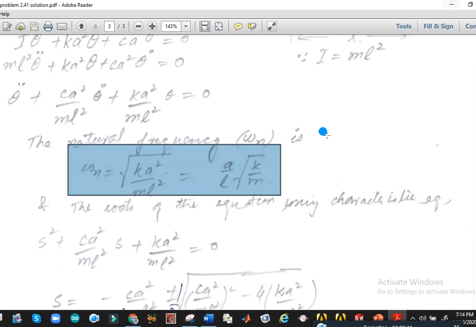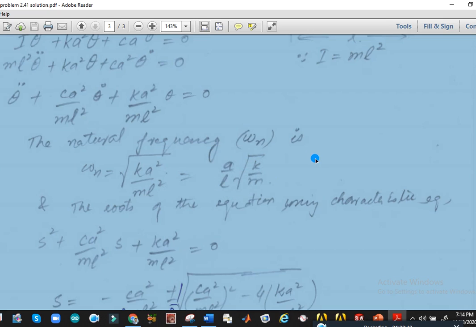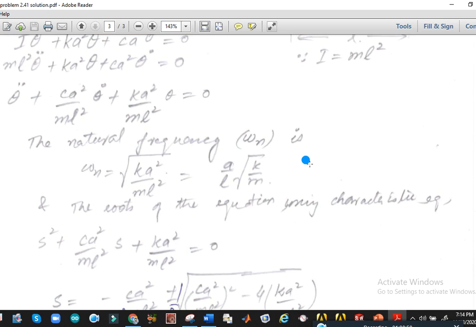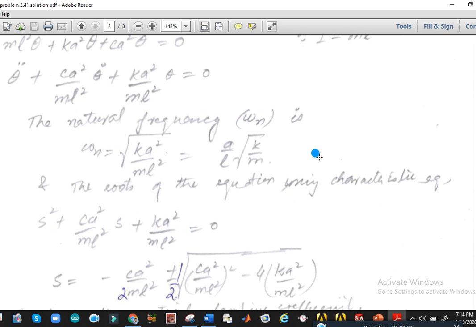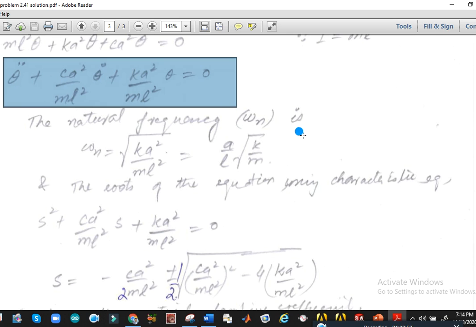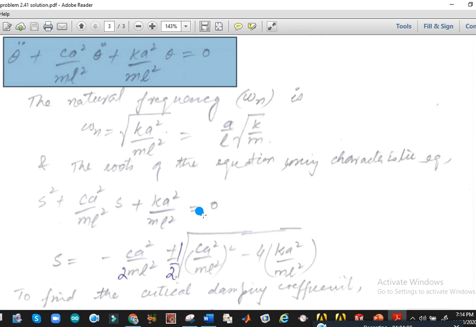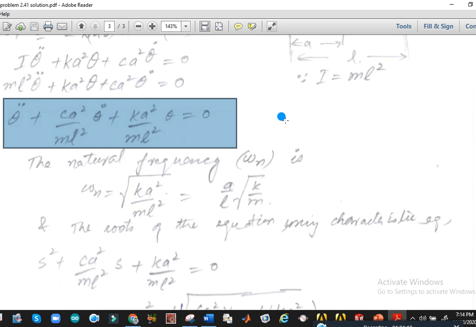So here we are told that the system is critically damped. If the system is critically damped, then how can we find the roots of the equation? This is your general equation, and we can find the roots of the general equation. As we know, we can suppose the roots of the equation as theta is equal to A e to the power s t. It will be written here.